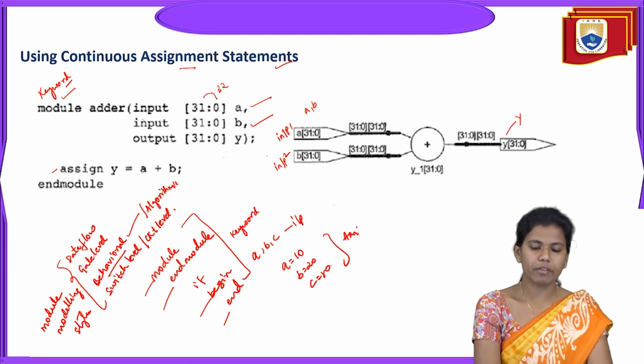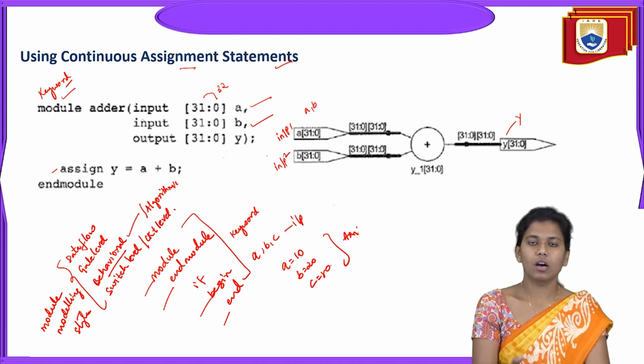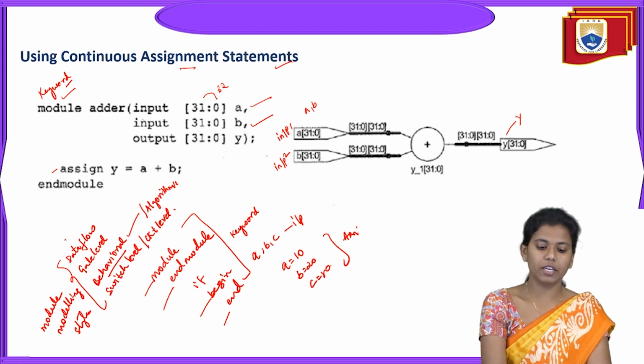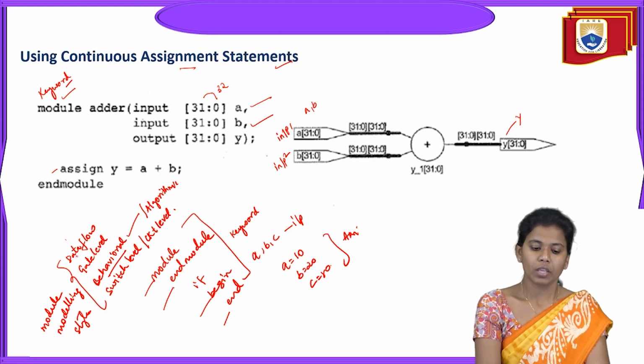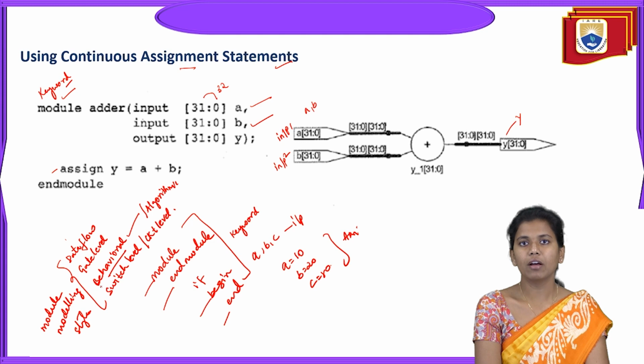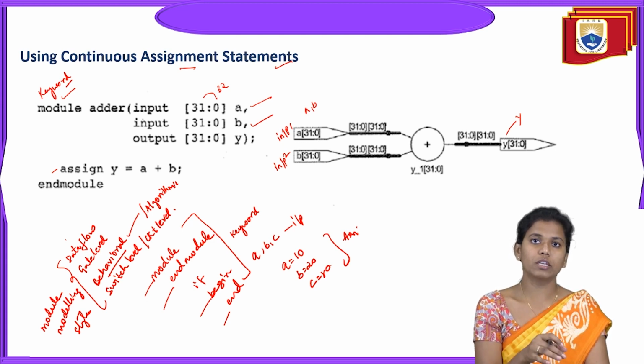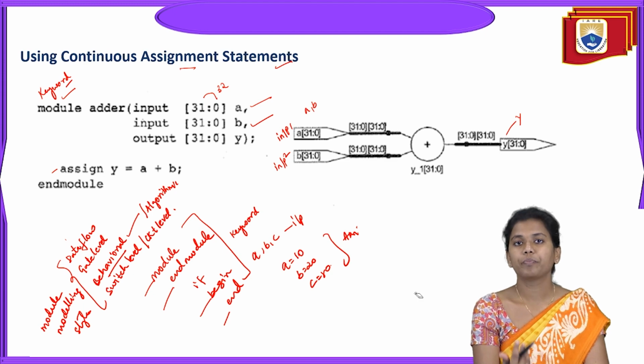When it comes to behavioral modeling, there are certain types. When you are writing syntax for each of these modeling styles, each modeling will have some basic keywords. Based on those keywords, we can easily identify what kind of modeling style it is.